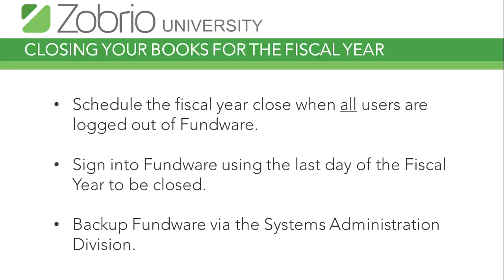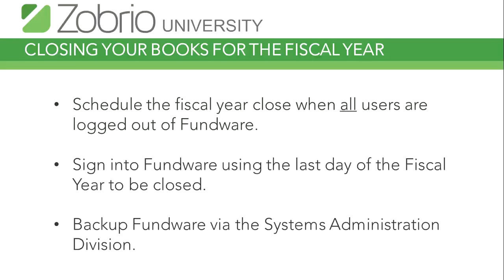And then finally, something to consider, it's not a requirement, but it's a recommendation: if you log into Division 00 Systems Administration, there's a function in there that allows you to back up your division. And I'm a big fan of using this backup at least once, prior to starting the close process. It doesn't spin the backup off to a disk anywhere or offline.